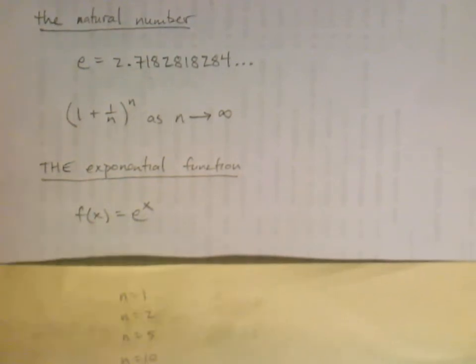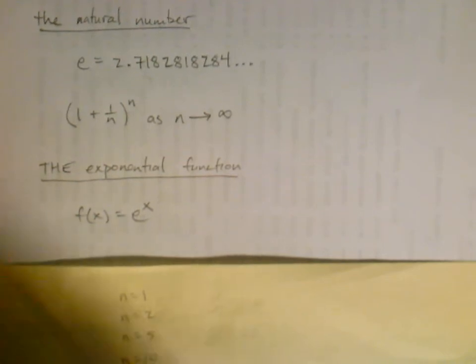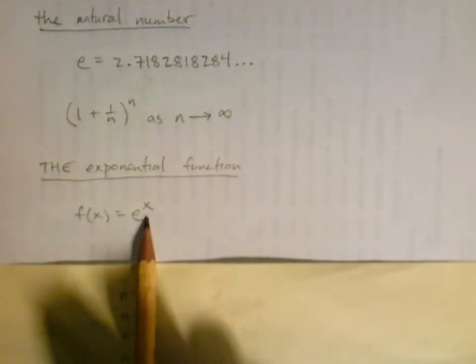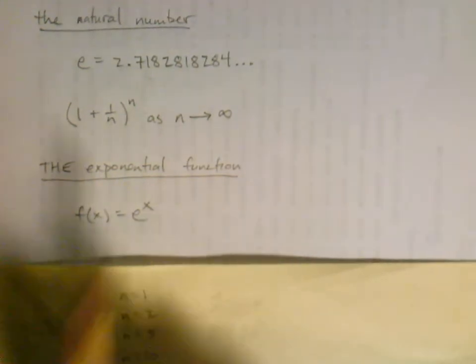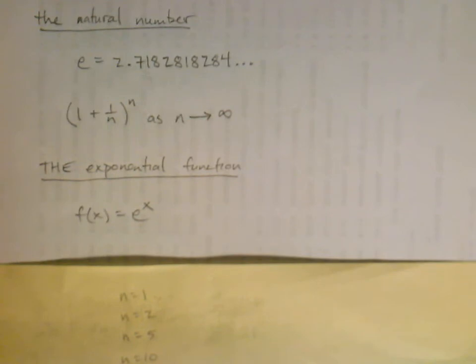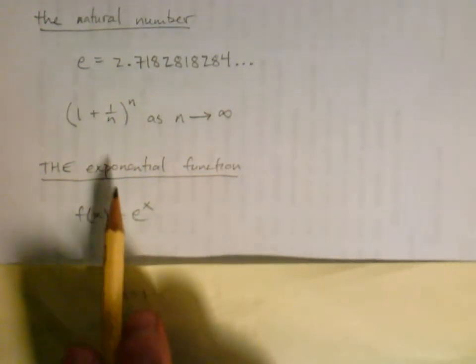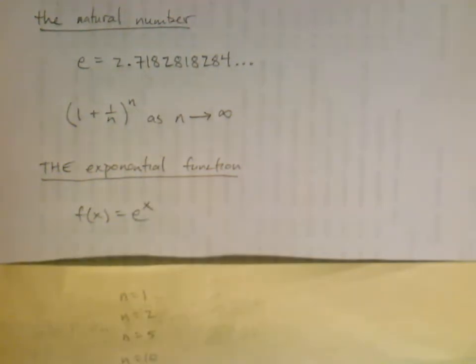This number e is so influential and so important that if somebody ever says the exponential function, capital THE, it's always base e. e raised to the x is the exponential function. And that probably gives you a hint at why we call it by the letter e, because it connects with exponentials.